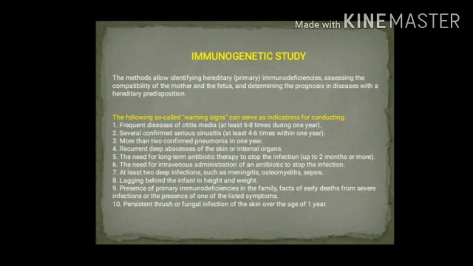Frequent otitis media, at least 6 to 8 times during 1 year. Several confirmed serious sinusitis, at least 4 to 6 times within 1 year. More than 2 confirmed pneumonias in 1 year.